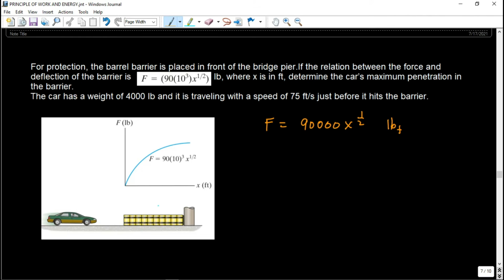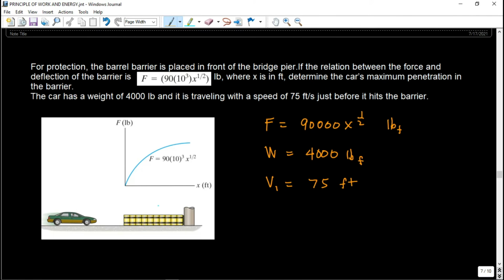So, the car has a weight of 4,000 pounds. Okay, ang weight ng car is 4,000 pound force. And it's traveling at a speed of 75 feet per second just before it hits the barrier. So, just before, meaning this is our initial velocity.